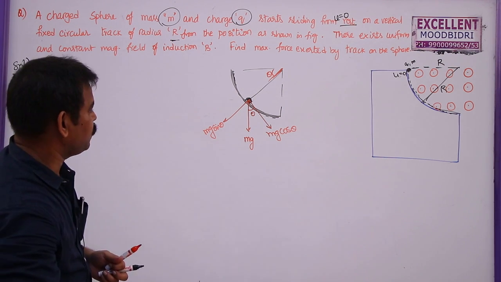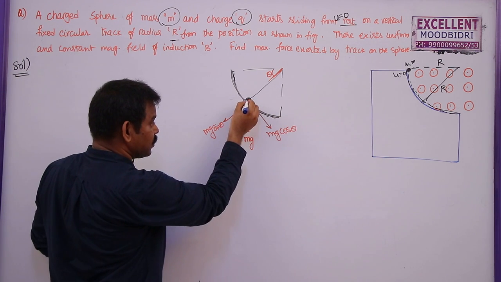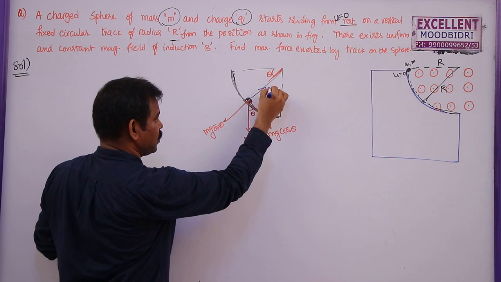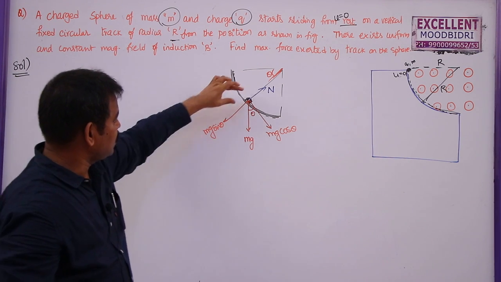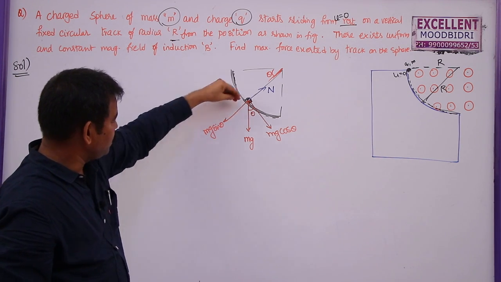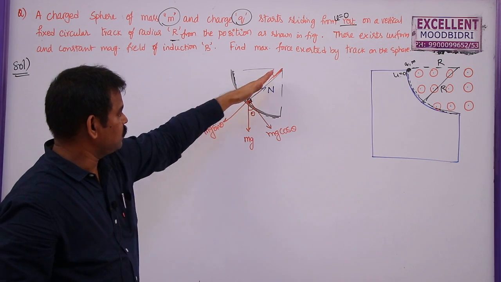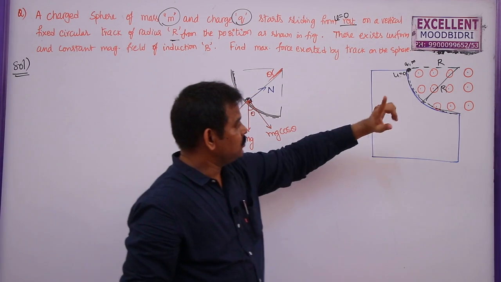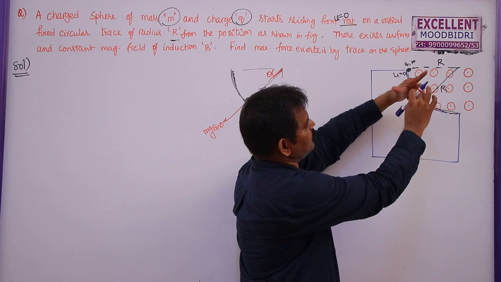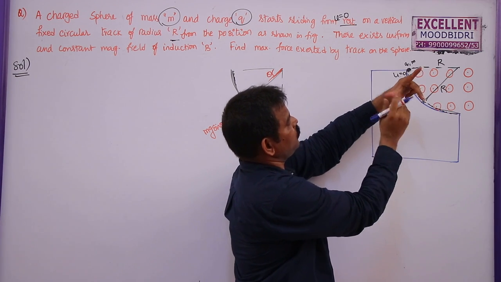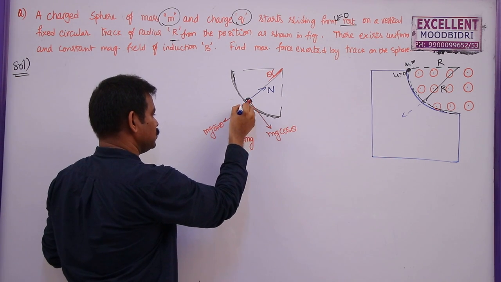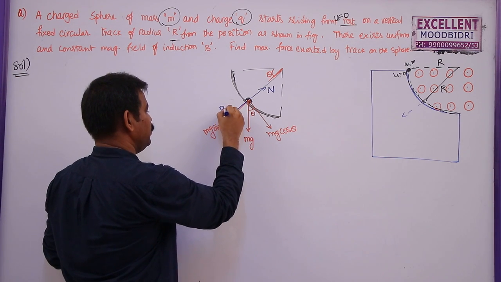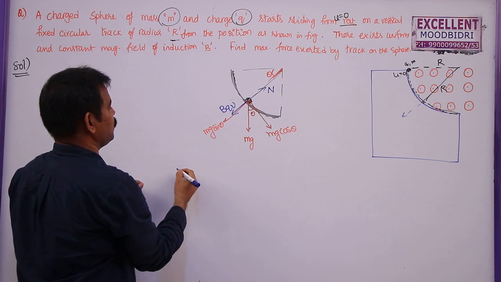Similarly, what are the other forces that are acting at this point? When it is in contact, a contact force, also called normal reaction, will act on this one. So these are the two forces that are acting, one normal reaction, one weight component here along this line. But as the field is acting outwards, the charge is moving like this. So a force will act away from this one, which is acting radially outwards. So this is a BQV sin theta magnetic force.